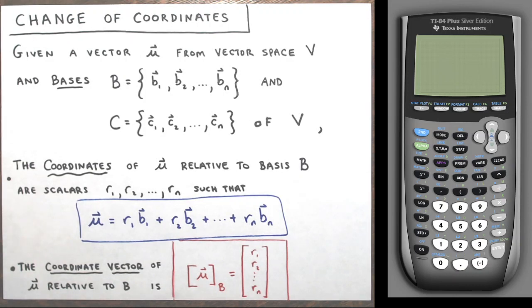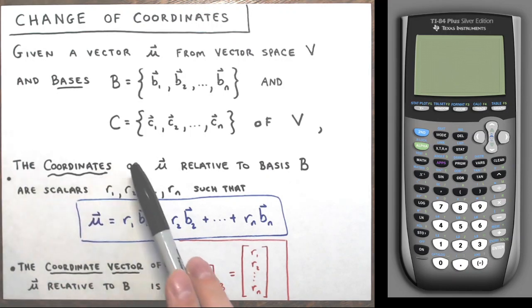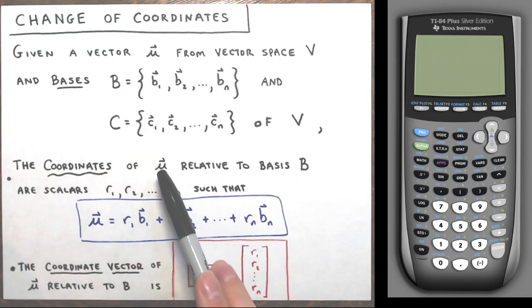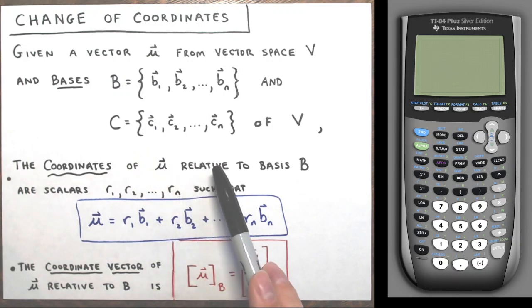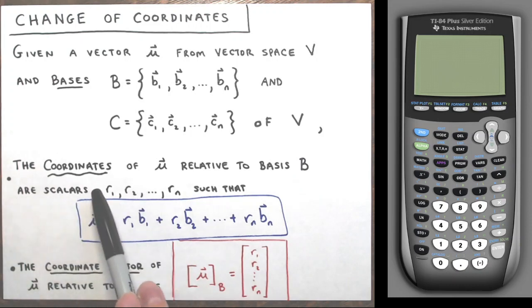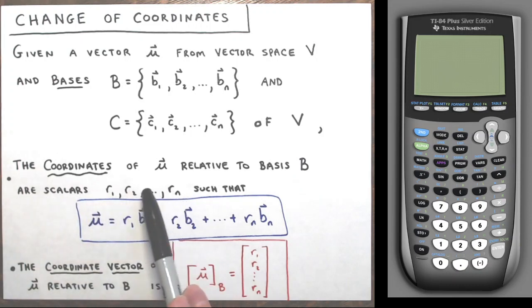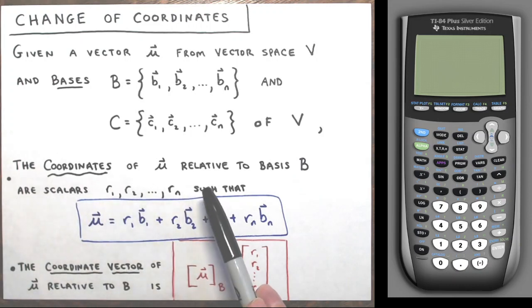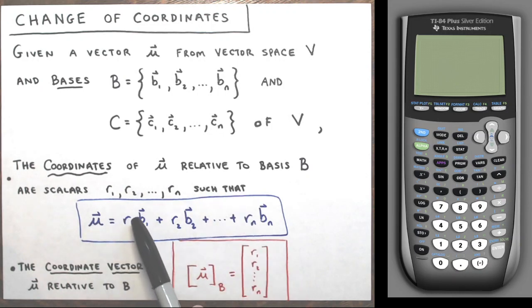The coordinates of vector u that I was given, relative to basis B, are the scalars, say r1, r2, and so on, all real numbers, such that u is r1 times b1 plus r2 times b2 plus all the way up to rn times bn.